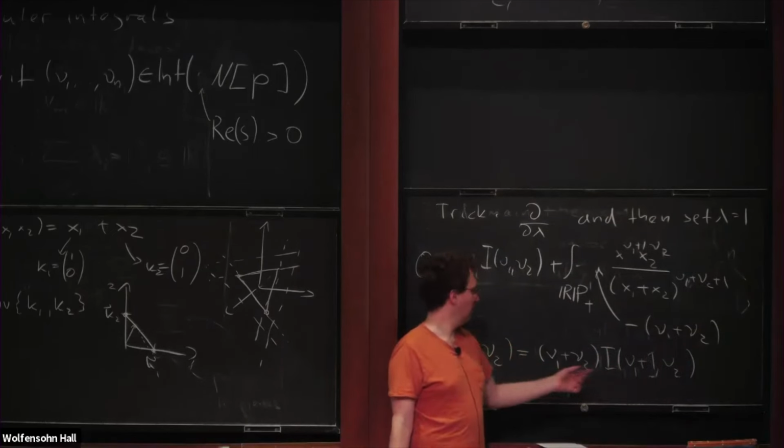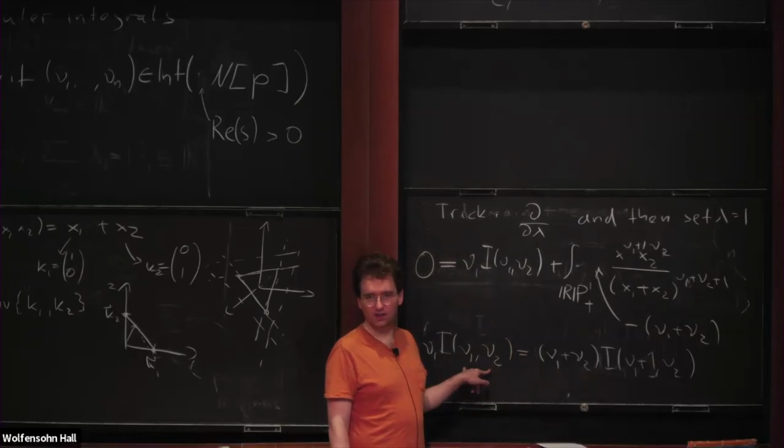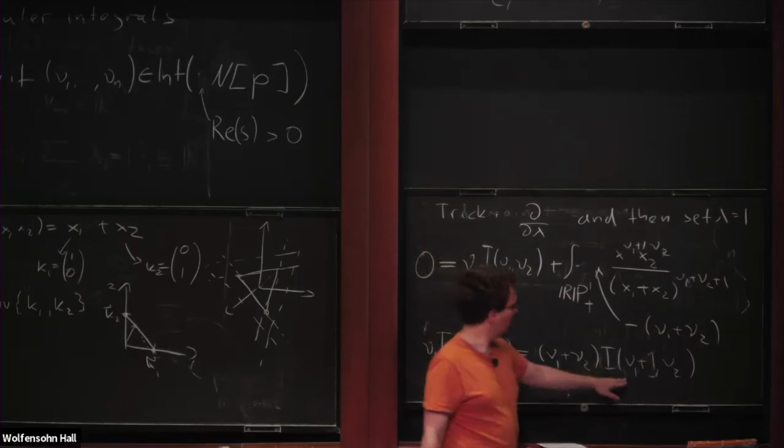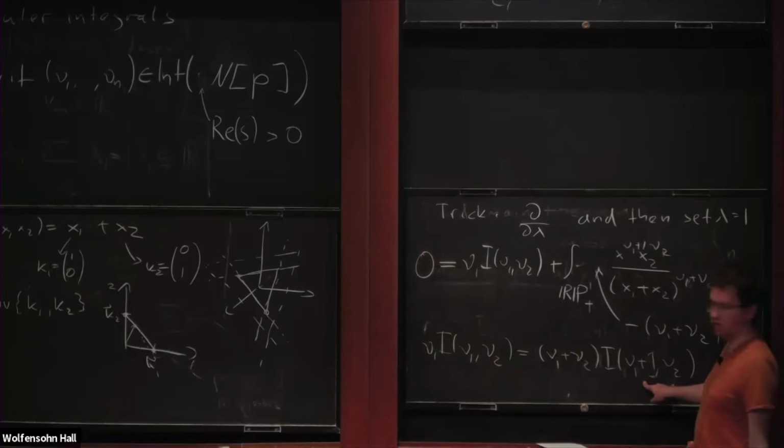So this side of the expression is convergent. So we have a convergent integral representation for all positive values of nu1 and nu2 here. But here we have a convergent integral representation for all values of nu2 that are positive and all values of nu1 that are larger than -1.